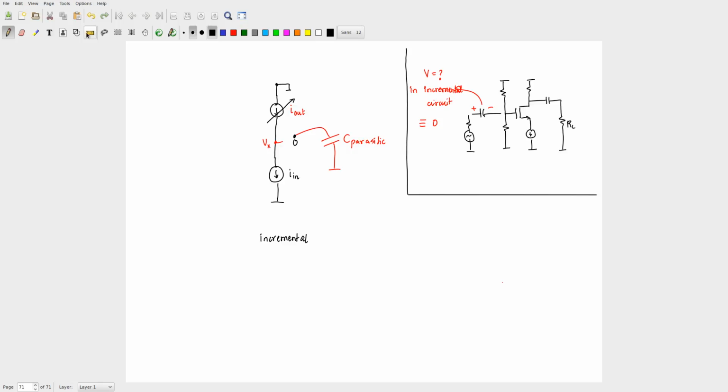So this is just an aside, and the conclusion of this aside was that the incremental voltage across a capacitor is 0. You keep that in mind, and now let us connect this thing back.